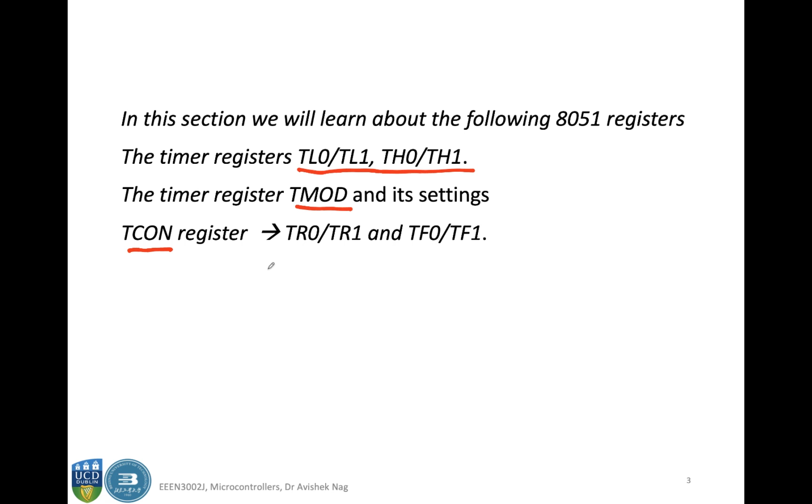Okay, so one example will be, let's say you want to open the door of an elevator after a few seconds.